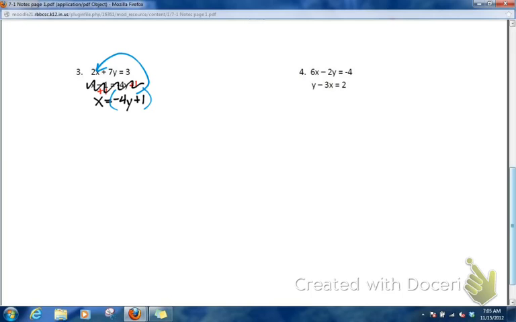So my other equation now says 2 times negative 4y plus 1 plus 7y equals 3.